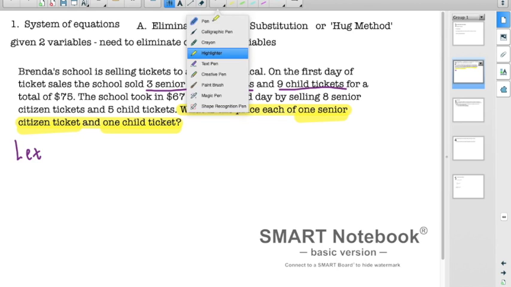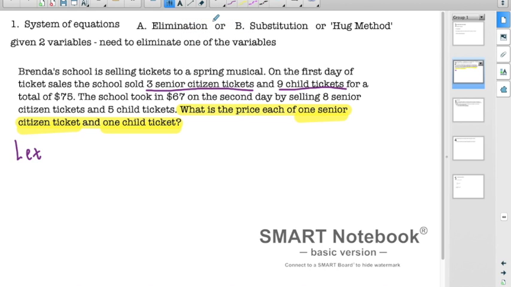Okay, so I'm going to let S equal the price of one senior citizen ticket, and I will let C equal the price of one child ticket.